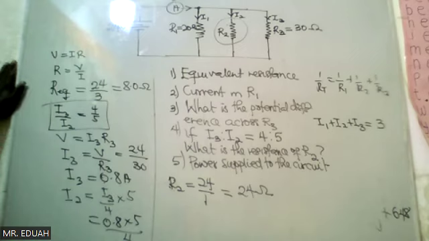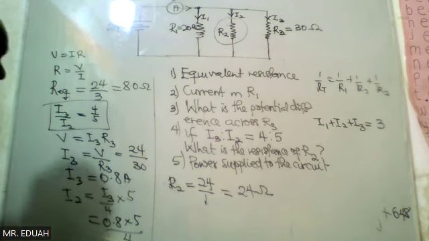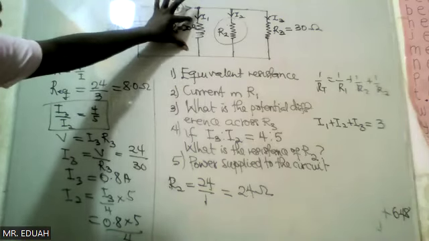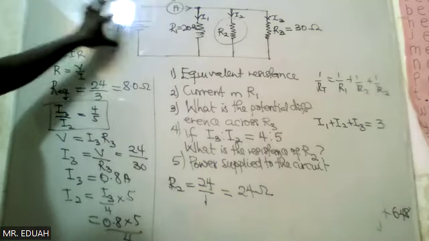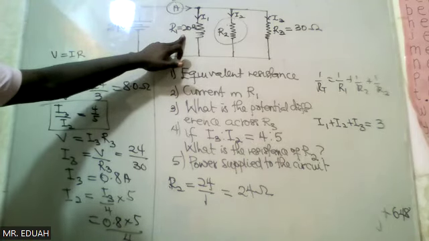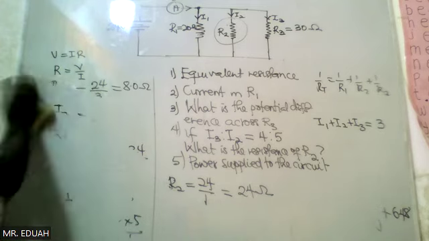Okay, so the next question is that we have to find the current in R1. And this is simple, because we know the voltage across R1, which is 24, and the resistance R1 is 20 ohm.